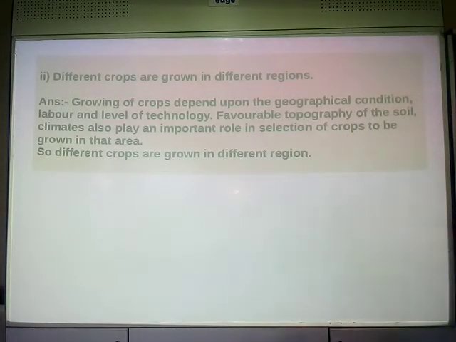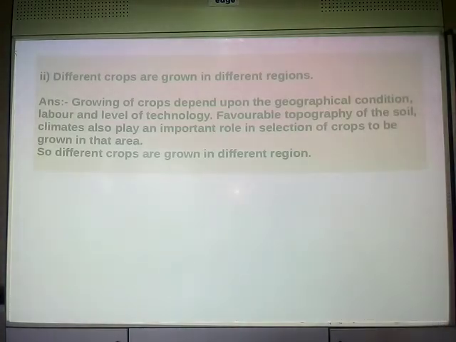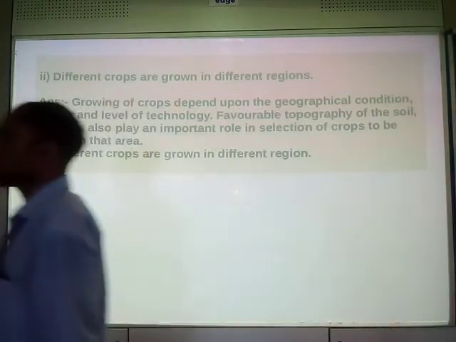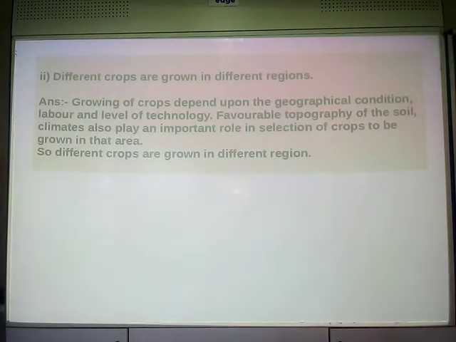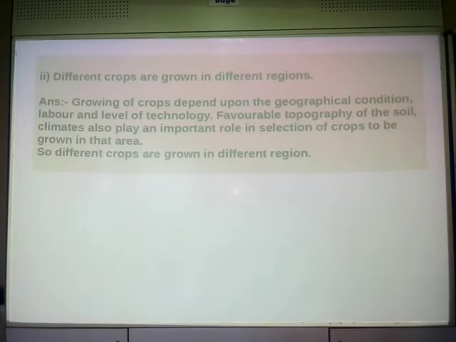Climate also plays an important role in selection of crops. If we want to grow one particular crop, we have to choose a particular soil, particular land, particular climate, particular topography, right? Everything is needed for that. Selection has to be made. That's why different crops are grown in different regions.